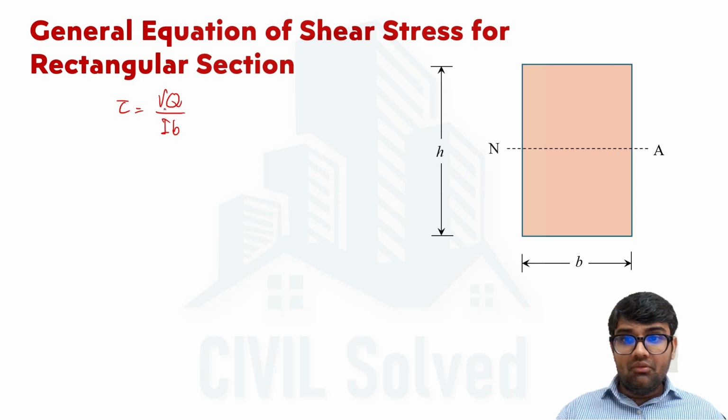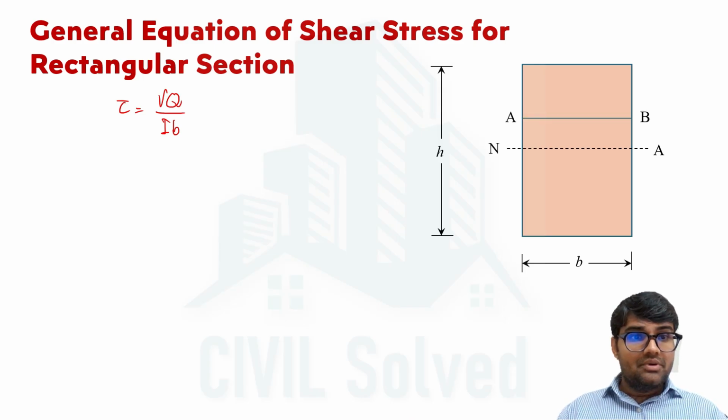Shear force V is irrespective of the section. In order to have the value of Q, the first moment of area, we need to consider a section where we want to calculate the shear stress, an arbitrary section actually.